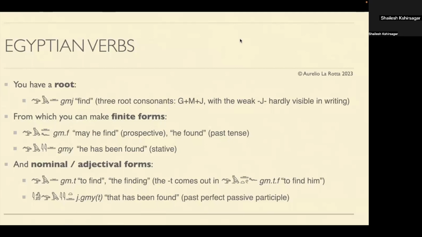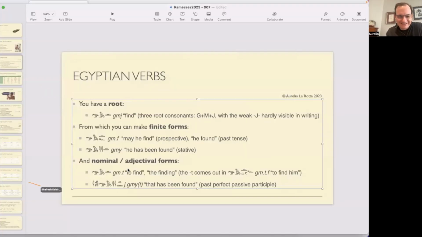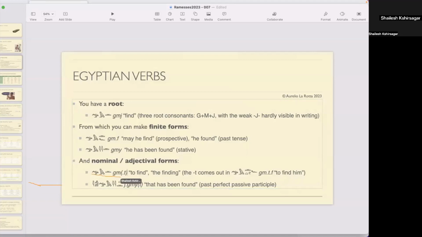So on the left hand side here, there was no gimet written. So in that case, how do I identify whether it is gimet or not? That's a great question.